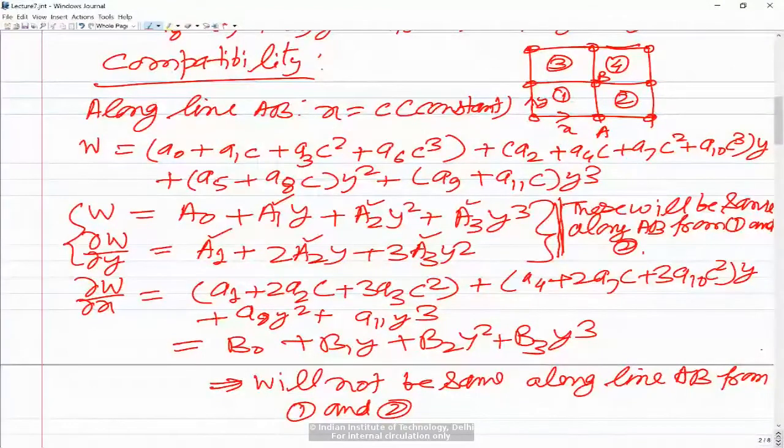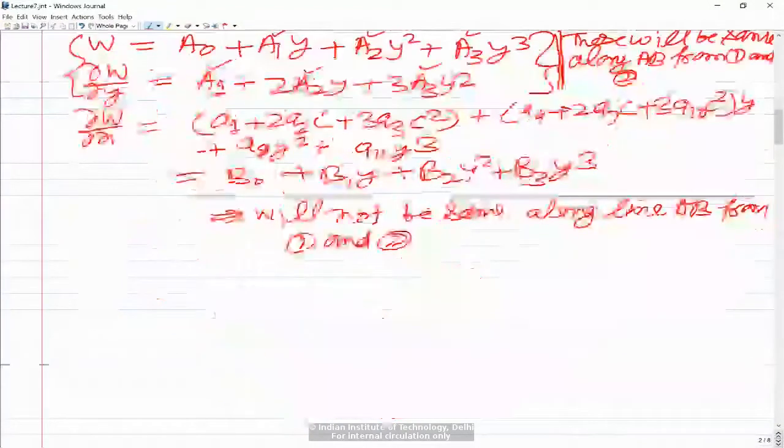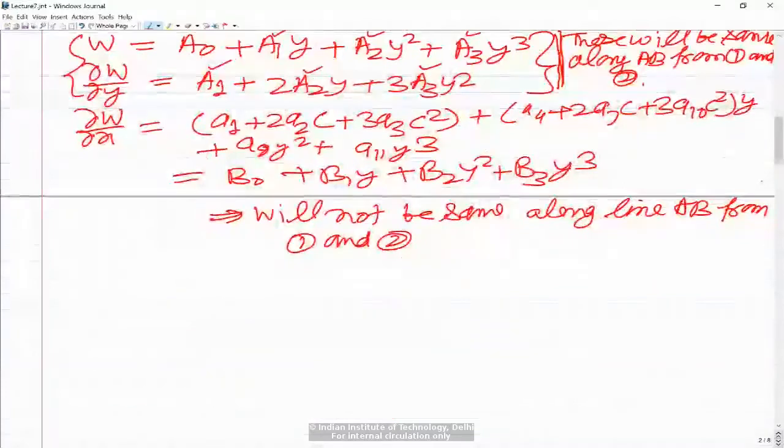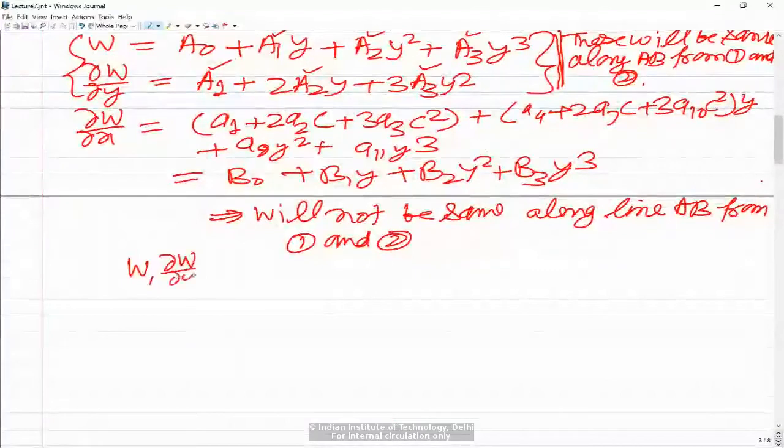So what we are concluding here is that W and del W by del y are continuous along AB, but del W by del x is not continuous.